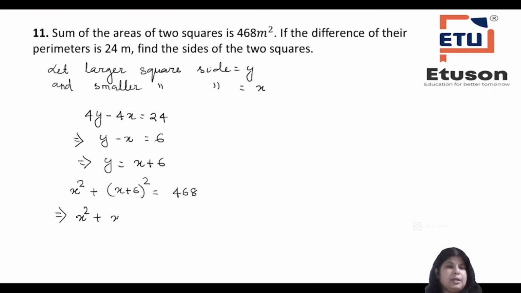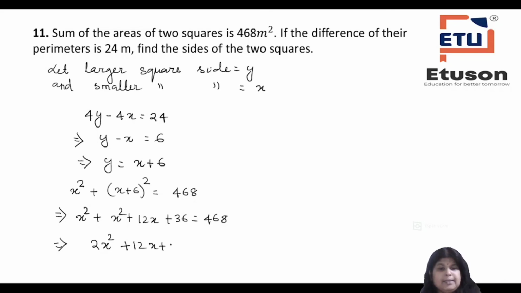So now let us find out the solution. It is x square plus 12x plus 36 is equal to 468. Correct or not? So you will get 2x square plus 12x plus 36 minus 468 is equal to 0.